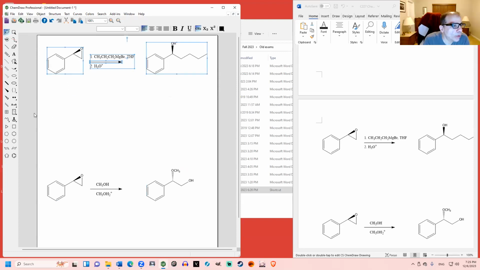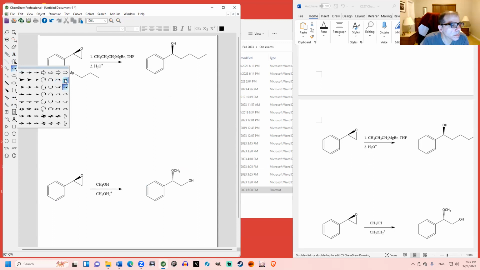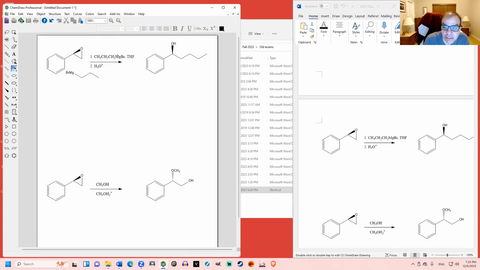Next, we'll practice some more epoxide ring openings. The first one is under alkaline conditions because we have an anion. Remember that Grignard reagents act like carbanions. And the carbanion is a C with a minus charge.